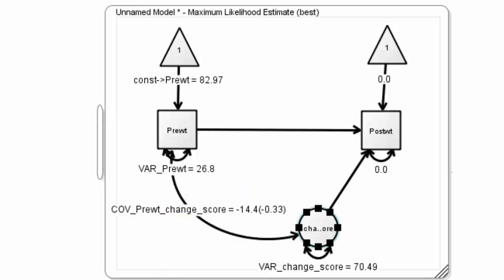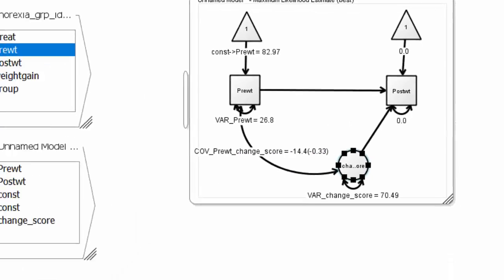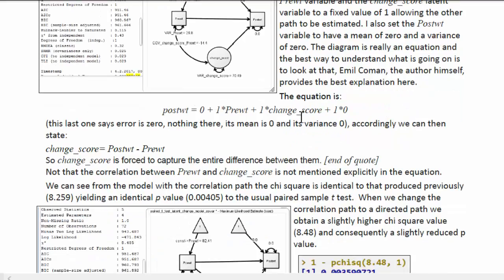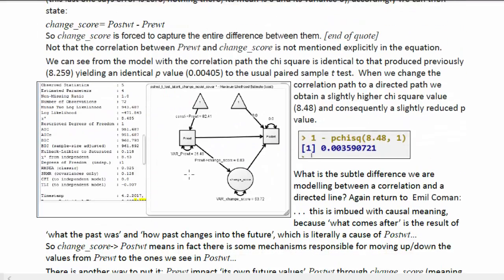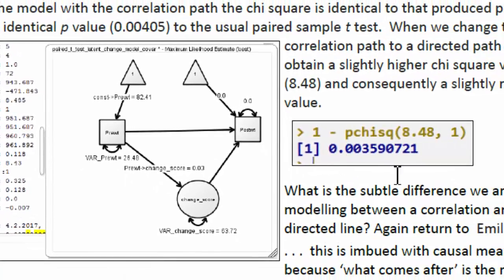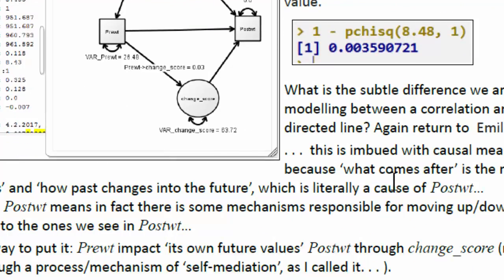And actually in the article by Cohen, Pichot and McArdle, they suggest that we actually do look at a regression line between the pre-scores and this change score.